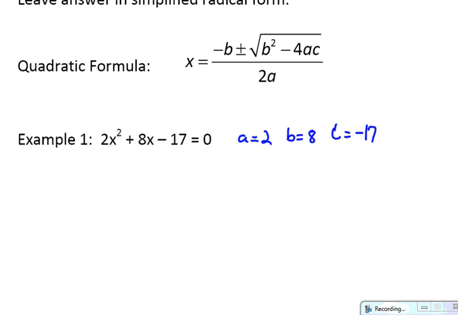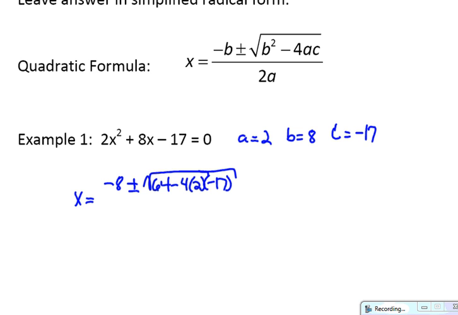We're going to use it in our formula, so we'll have that x is equal to the opposite of b. B is a positive 8, so the opposite's negative 8, plus or minus the square root of b squared is 64. 8 times 8 is 64, minus 4 times 2 times negative 17.